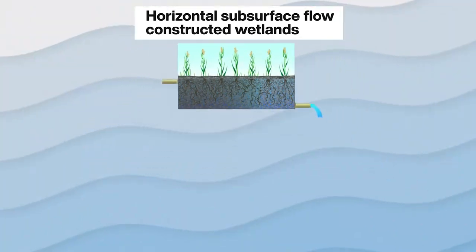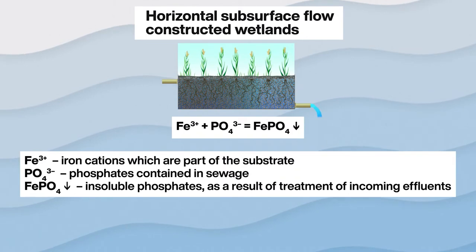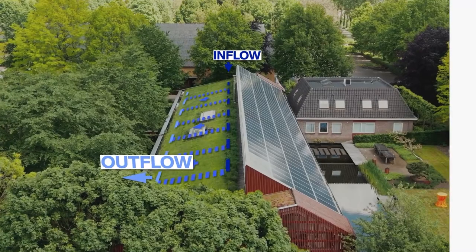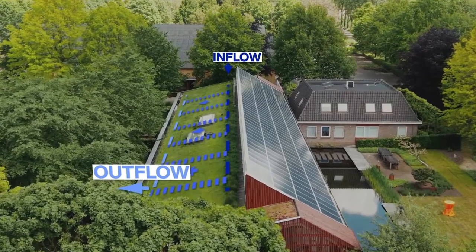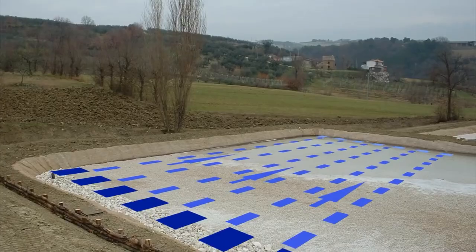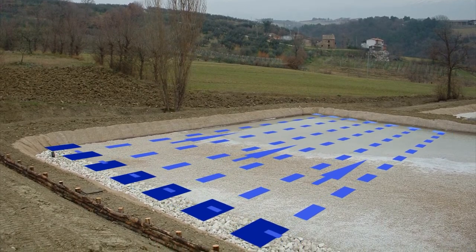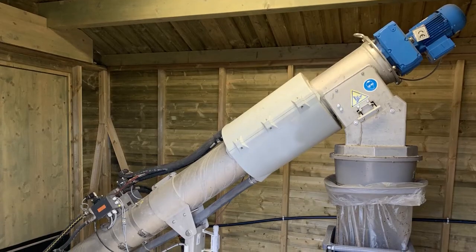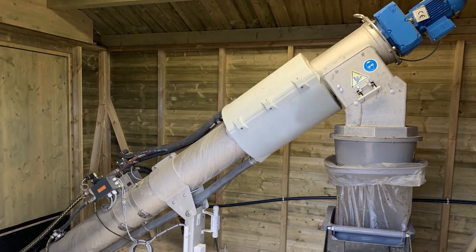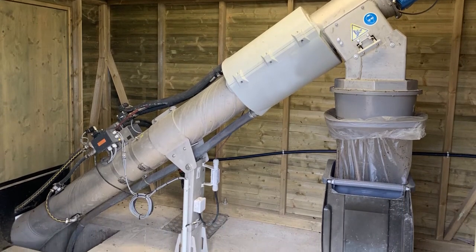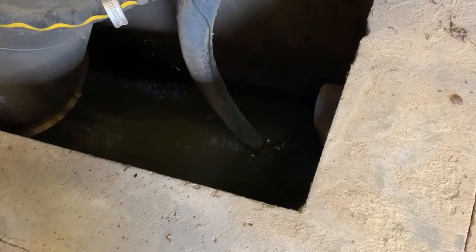Second, the substrate can be used as a biochemical treatment agent, for example, to remove phosphorus. Third, influents are supplied uniformly throughout the wetland volume. And fourth, there is a preliminary mechanical treatment mechanism to protect constructed wetlands from clogging by waste and sand.